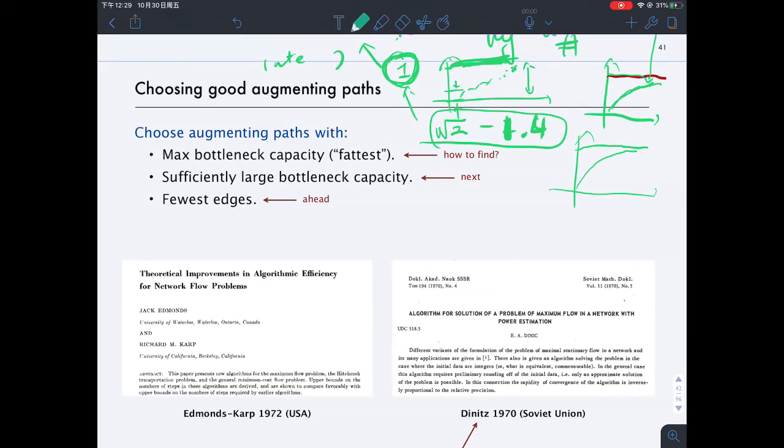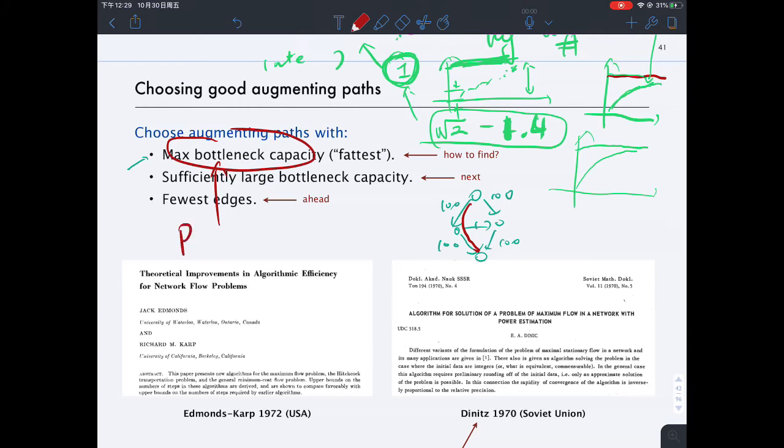There are quite a number of possible approaches to choose the augmenting paths. The first intuitive one is inspired by the bad instance we were talking about. If we have this kind of graph, ideally the best augmenting path would be the one that has the maximum bottleneck.